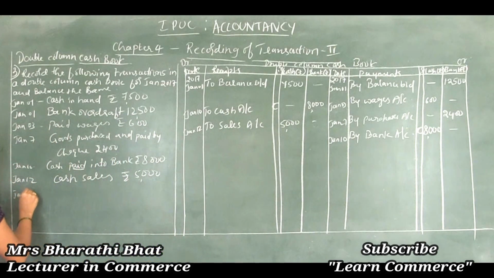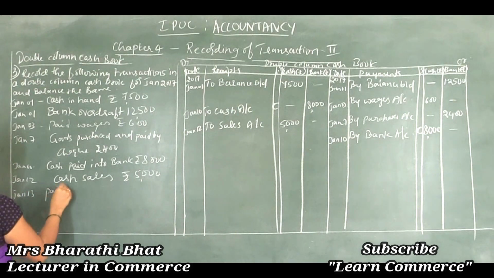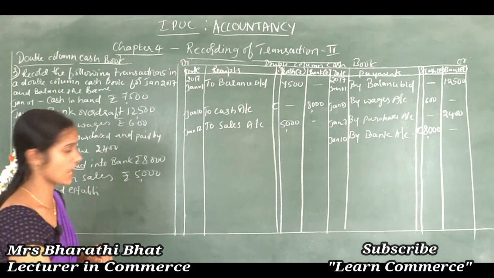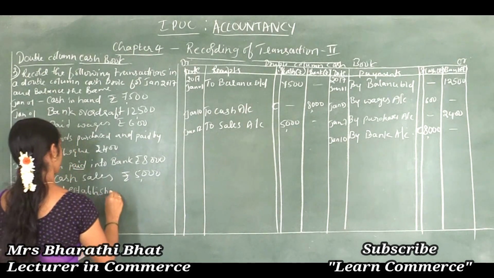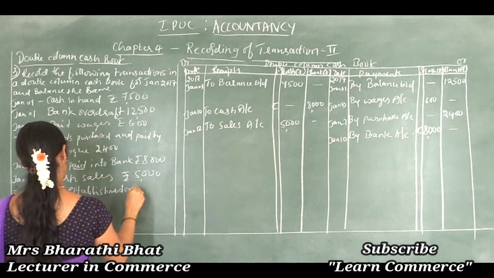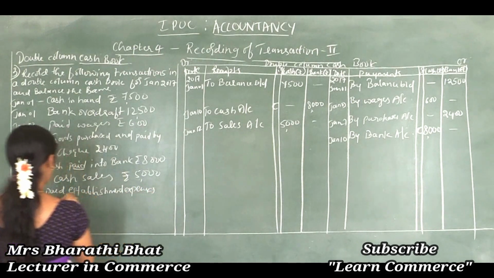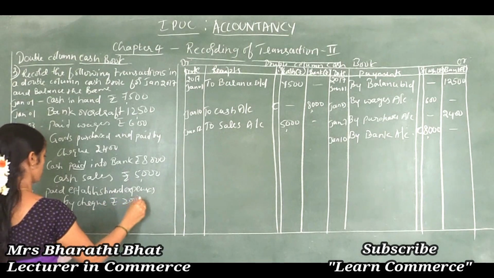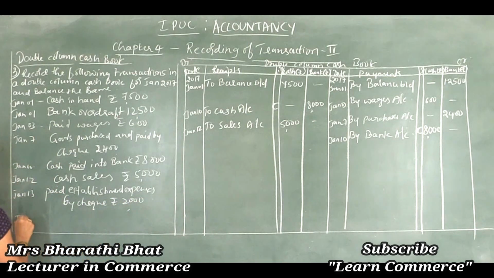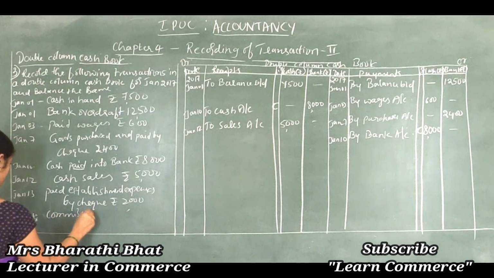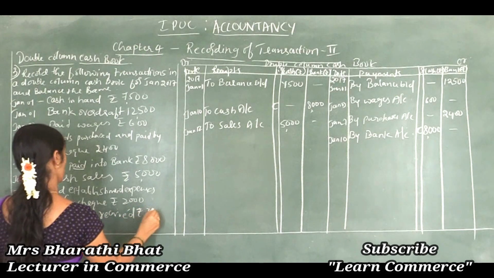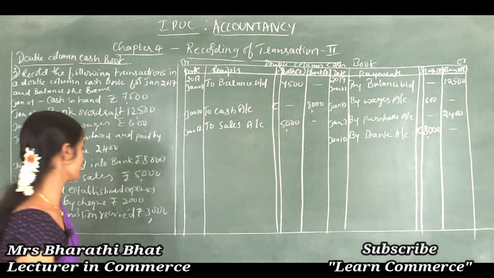Jan 13, paid establishment expenses by check, rupees 2,000. And one more transaction I'll write here: commission received, rupees 3,000. Only this many transactions we have to cover.